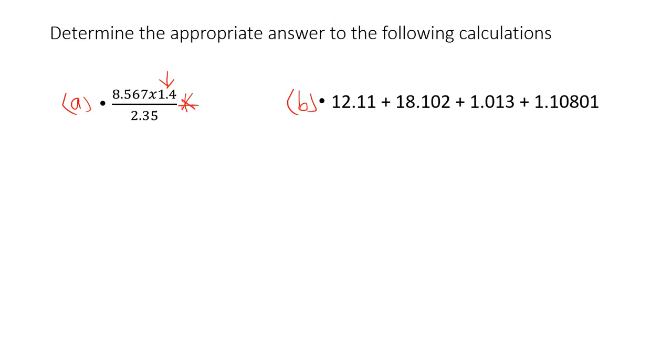So after my calculation, I find that the answer for this one is 5.1. That is to 2 significant figures based on this value.